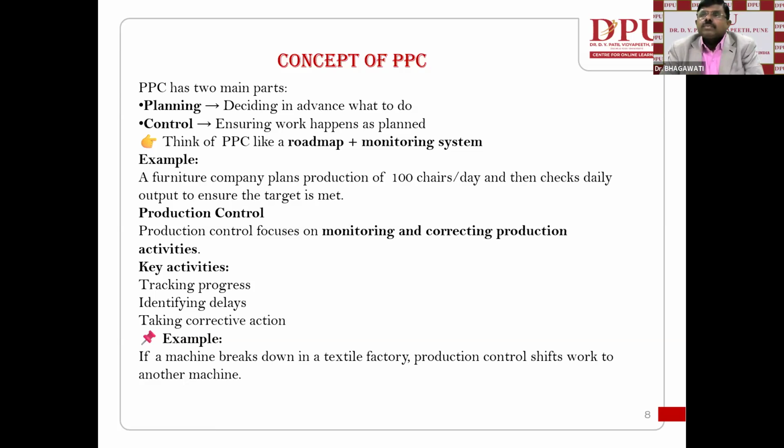Unavailability of raw materials, absenteeism, sometimes not planned properly. If PPC is not systematically planned, then we cannot produce as per the plan. The plan for today's first shift is 500 units up to 3 o'clock, but you cannot produce 500.